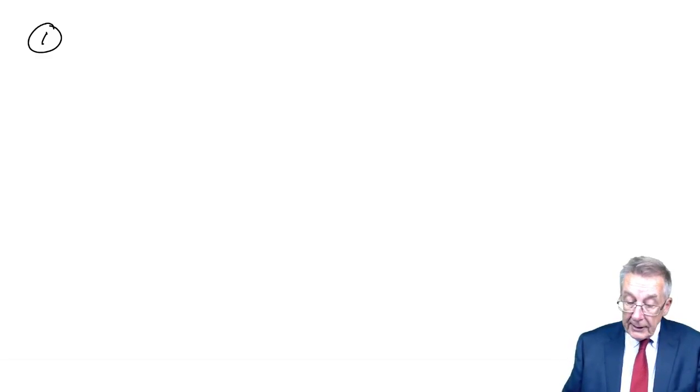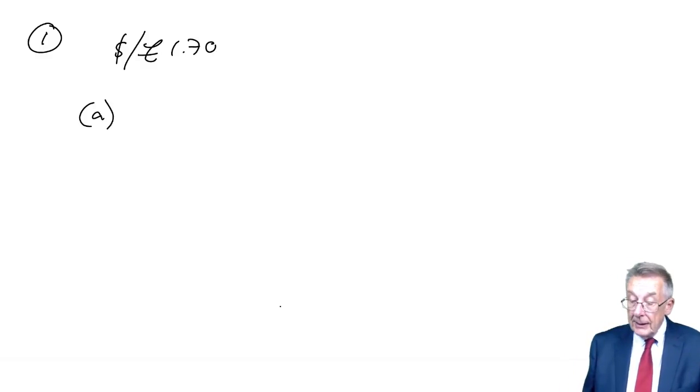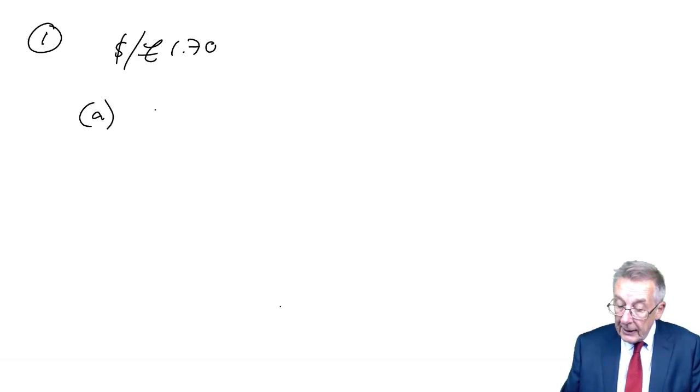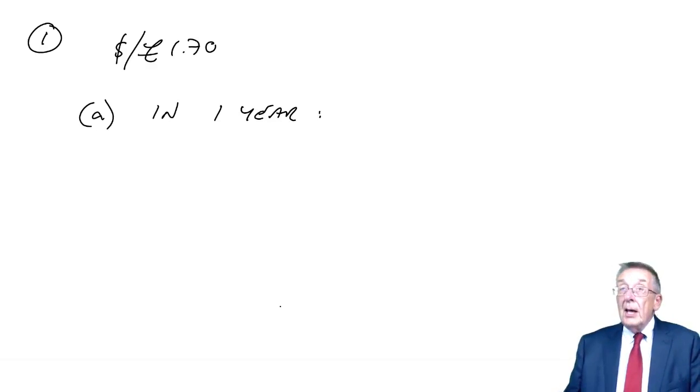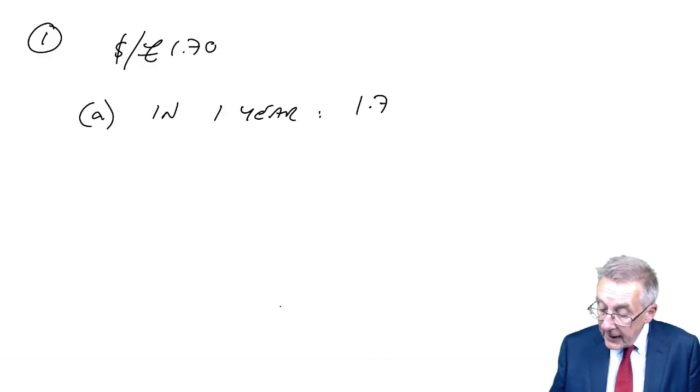But example one. The exchange rate, the current spot, is dollar to the pound 1.7. It wants to know what the exchange rate, first of all, in 1 year's time. Well, using the formula, S1, the rate in a year's time, will be the current spot of 1.7.